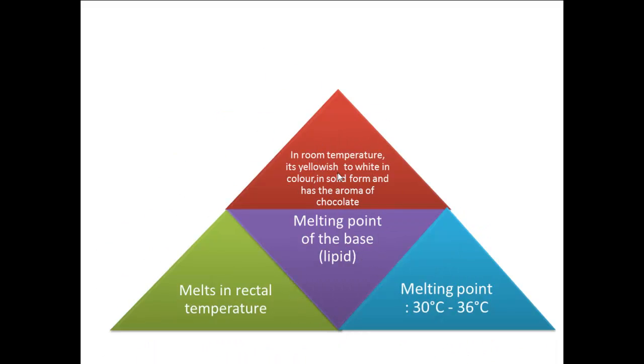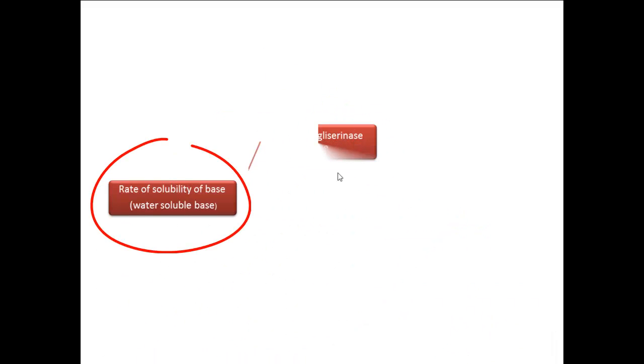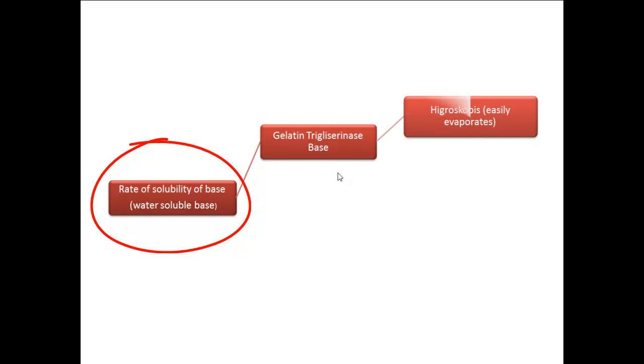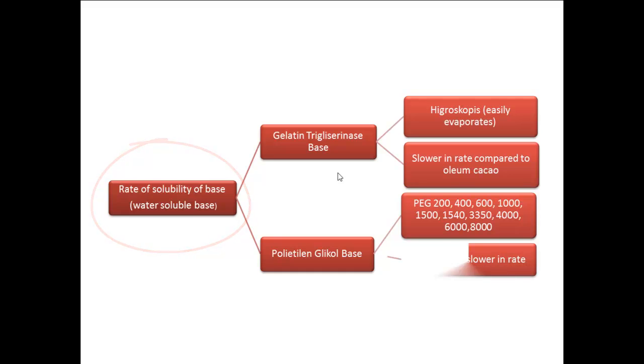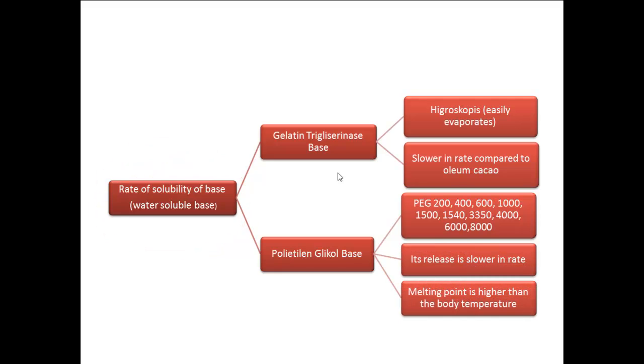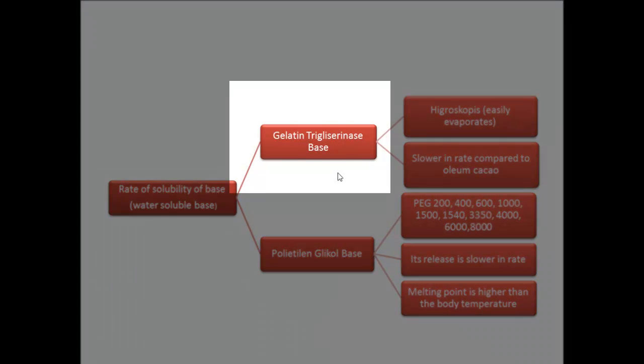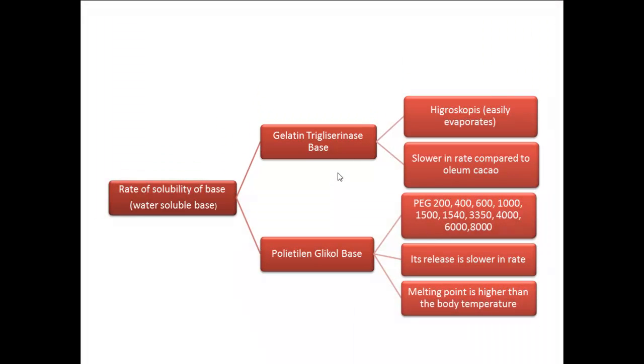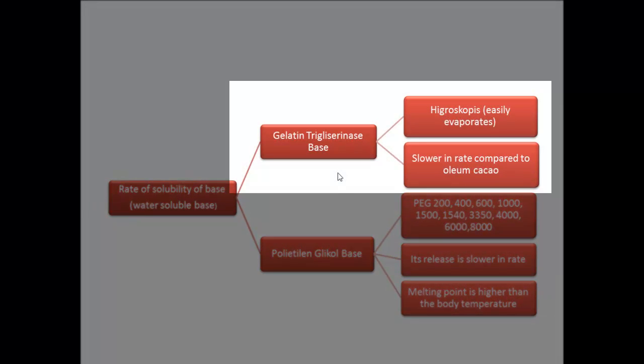Now, let's look into the second point, which is the rate of solubility of the water soluble base. When we see this particular graph, we can see that there are two commonly used water soluble bases, which are the gelatin glycerin base and the polyethylene glycol base. Let's talk about the gelatin glycerin base first.